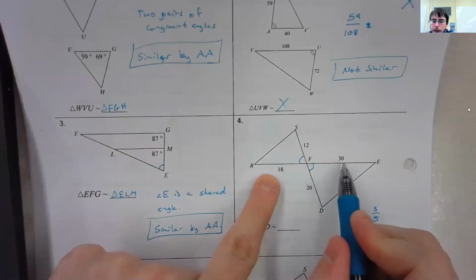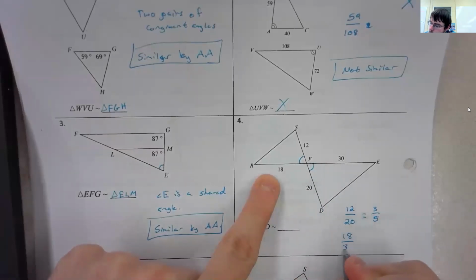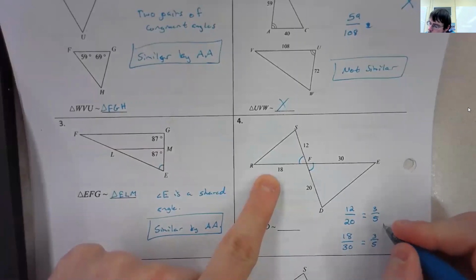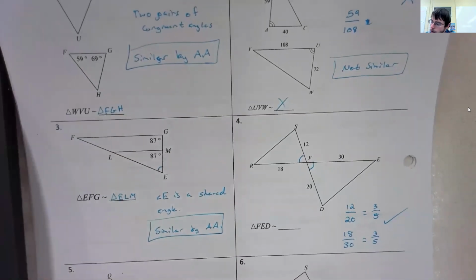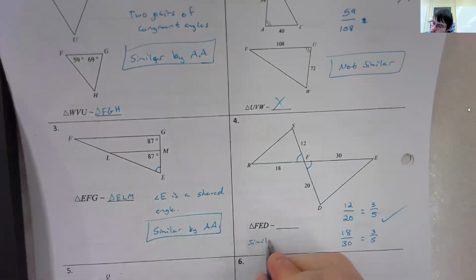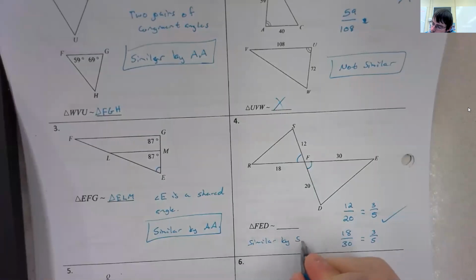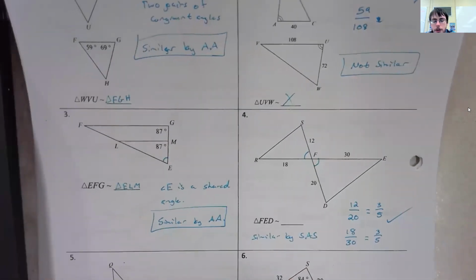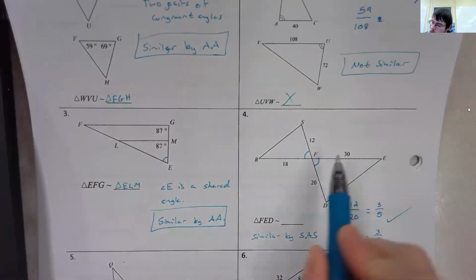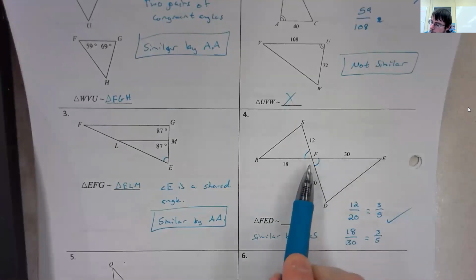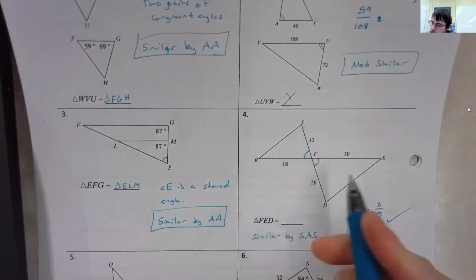So we have 18 over 30. 18 over 30, you can divide both of them by 6, and that gives you 3 over 5 as well. That checks out. So these are similar by SAS. And we would say FED corresponds to FRS.